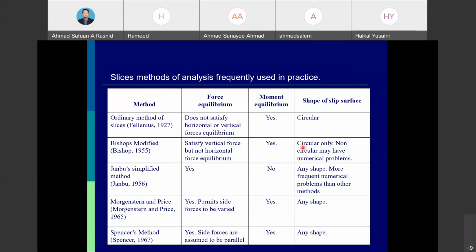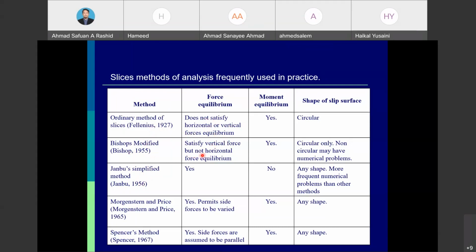Here, this is the ordinary method of slices, the one that we have discussed previously. Then we have Bishop modified, then the Janbu simplified method, then Morgenstern and Price, and then the Spencer method. They have evolved for every decade. The ordinary method does not satisfy the horizontal and vertical force equilibrium, because they assume zero.